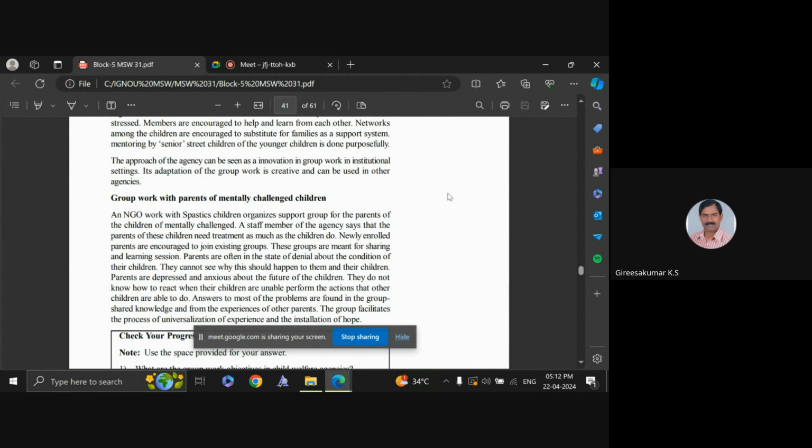Some people, when they understood that the child is mentally challenged... the parents are at first met by the social workers. How to change them to face the issues of their children? That is most important.